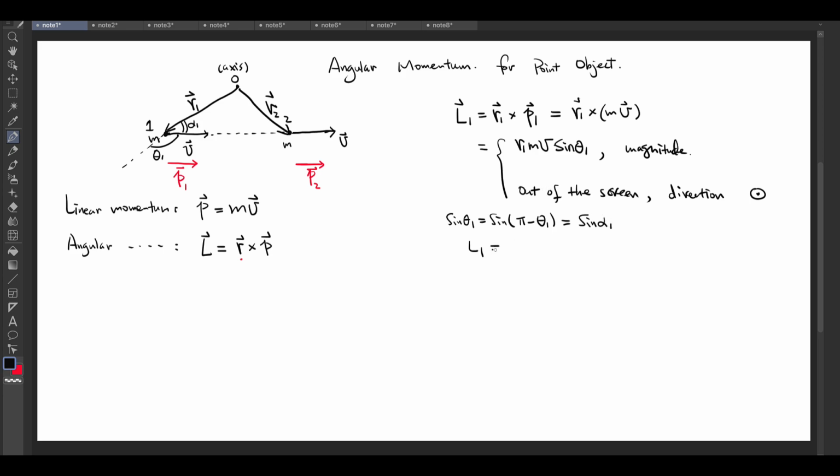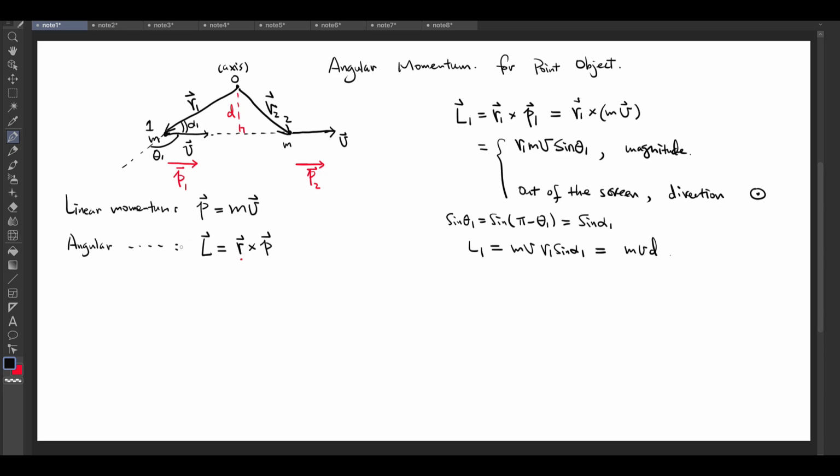So we get L1's magnitude equals m v R1 sine alpha 1. Now what is sine alpha 1 times R1? Let me draw a perpendicular line from the rotation axis O to the velocity direction. That vertical distance, let's call it d. Then R1 sine alpha 1 is d. So we get mvd in the end. That's the magnitude of L1.